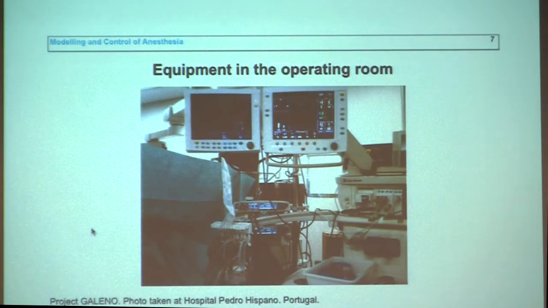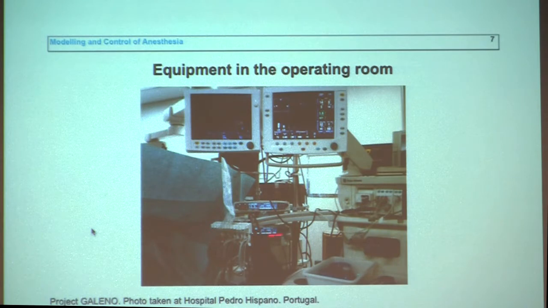Another aspect, this is in the operating theater. The surgeon is looking at the screen, and actually this is a position that everybody can look at in the operating theater. And you have a number of records of variables. You have important numbers here. I will detail it a little bit later.